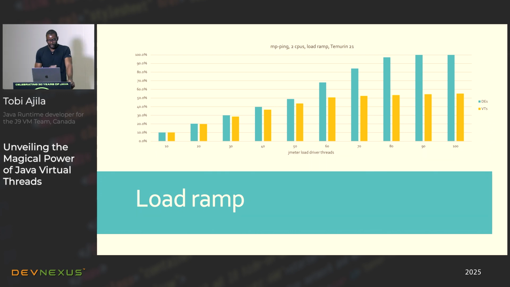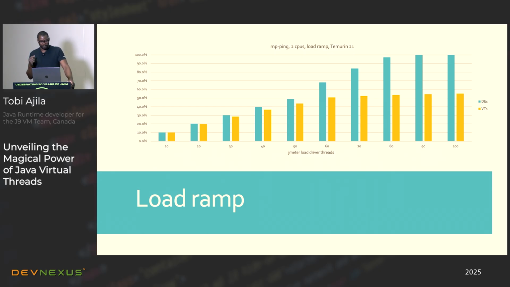And then here's another experiment. This time, instead of using the online banking simulator, it's using a simple MicroProfile primitive that just pings. So it's not doing much work here. This is a very thin application. The load driver hits the endpoint and gets the result immediately.